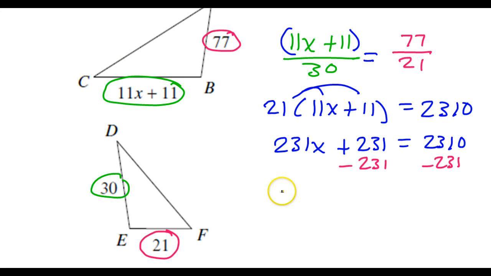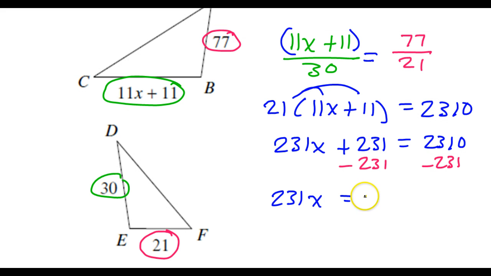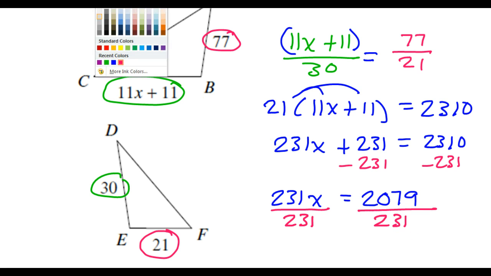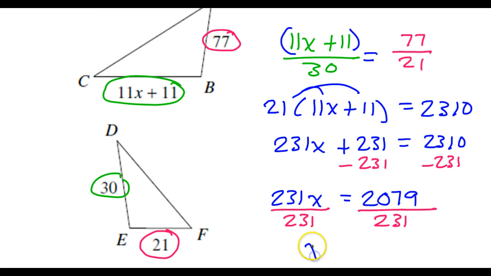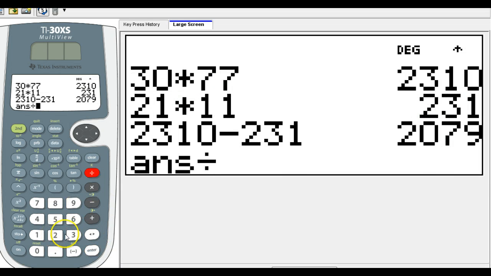So that's going to be 231x equals 2,079. Now if I divide both sides by 231, x equals nine.